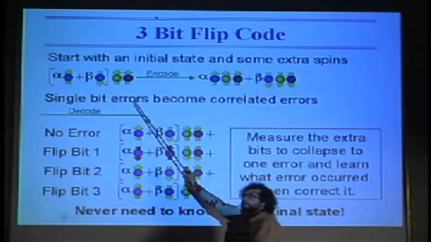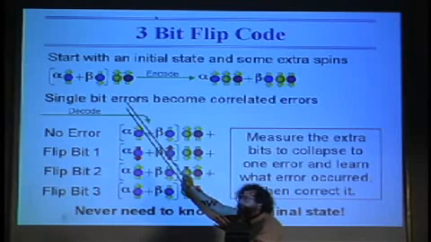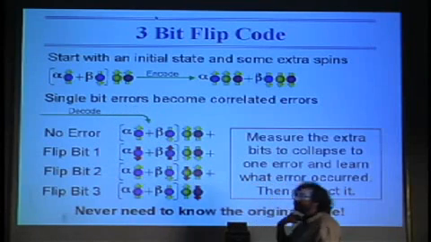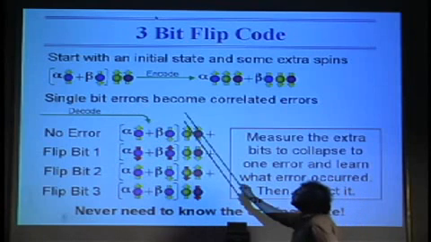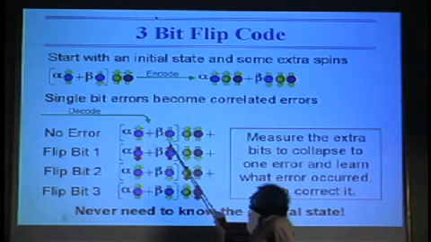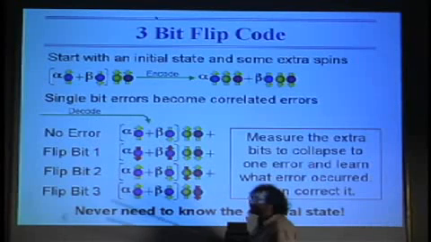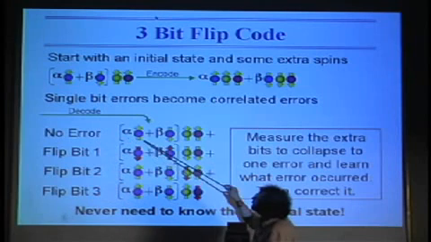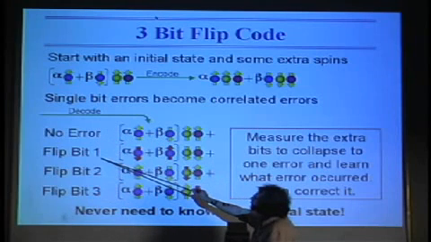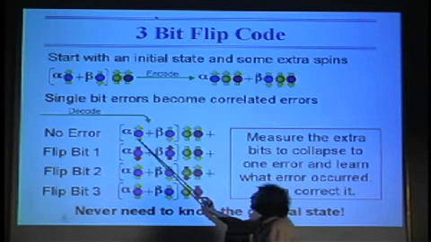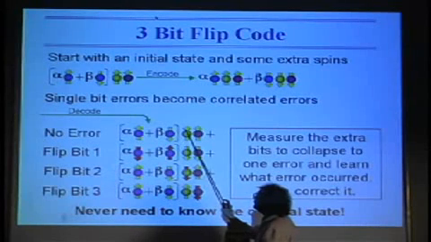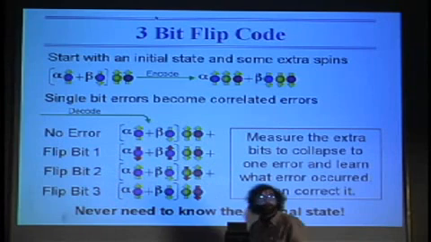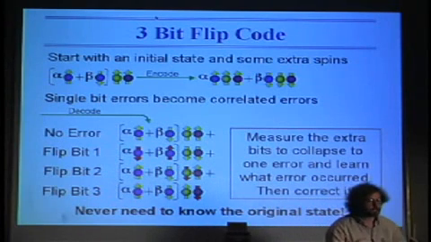Okay, so I need again to increase the size of the Hilbert space. And if I add a second ancilla, so now I have four copies of the Hilbert space spanned by the original spin, then I have a sufficient space to code all possible errors. A subspace for no errors, a subspace for a bit flip on the first spin, a subspace for a bit flip on the second spin, and a subspace for a bit flip on the third spin.